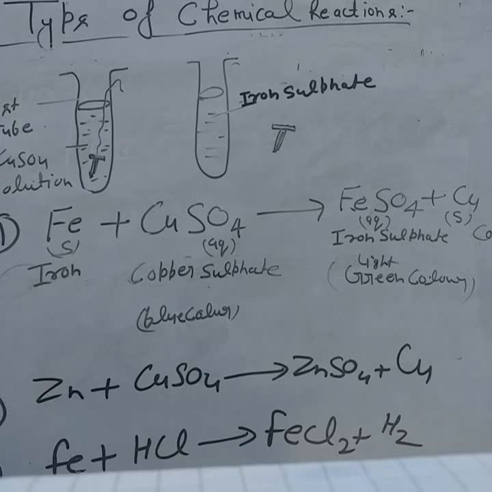Here we stop the types of chemical reactions. In this topic I explained three types of chemical reactions. First, addition reactions or combination reactions. Second, decomposition reactions, and third, displacement reactions.